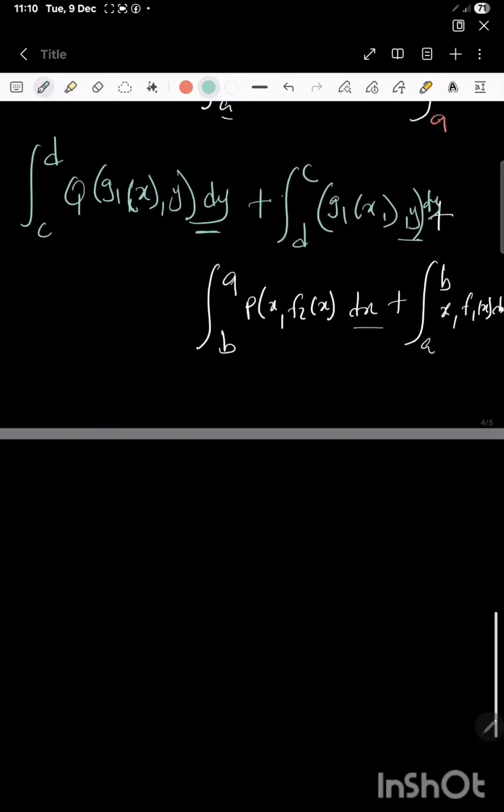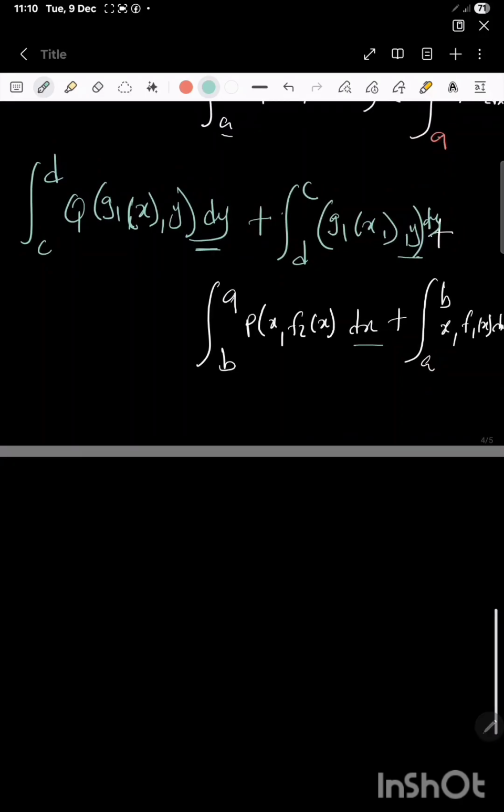Okay, now after I've written those, you can see this is a function of dy, and this is also a function of dy. This is a function of dx, this is also a function of dx. But don't forget that in the dy functions, here you have a q, and there also you have a q.